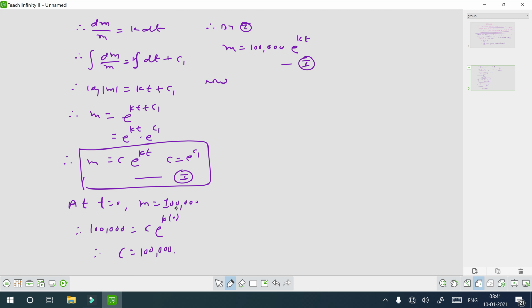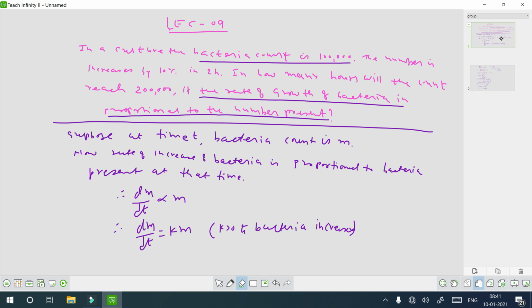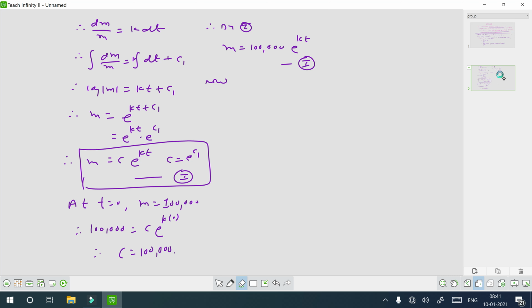Now bacteria increases by 10% in 2 hours. That means if t is equal to 2, then n is equal to 1 lakh plus 10% of 1 lakh. Clear? So what we get?